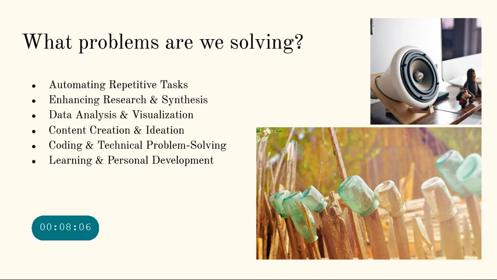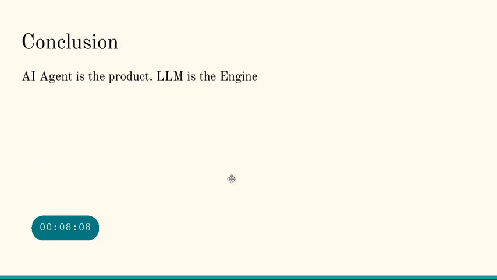All right, so let's come to the very final slide and reiterate. In conclusion, the AI agent is the product that we want to use to be able to use the LLM, which is the engine, and all we need is to get better with the prompts.